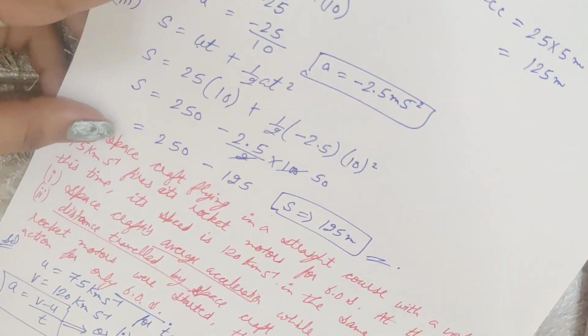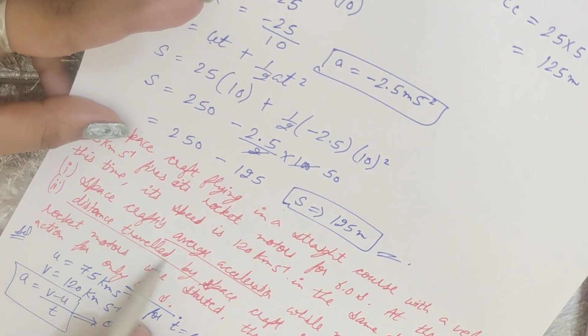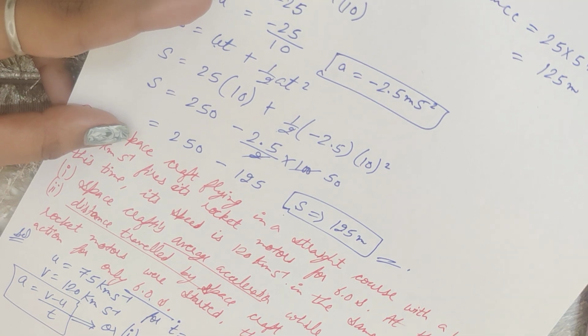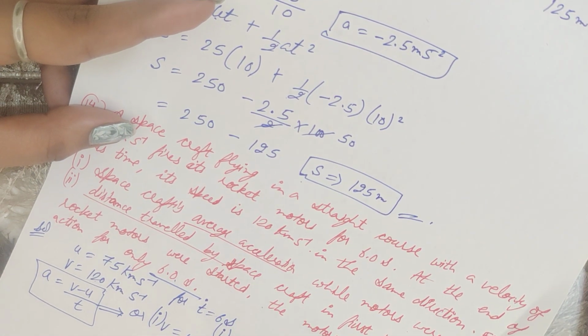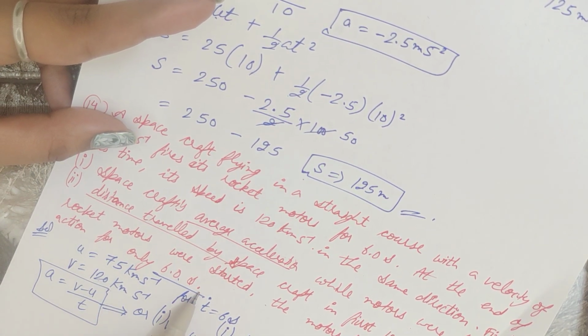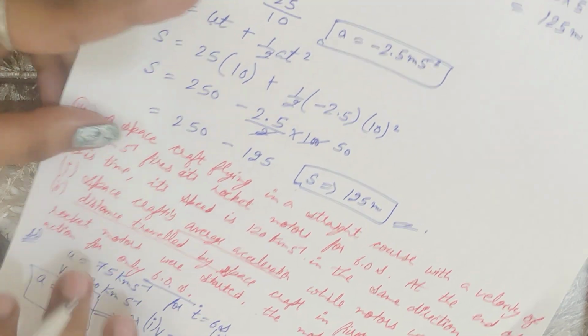What is the biggest question? The question is the distance traveled by the spacecraft in the first 10 seconds after the rocket motors were started, the motors having been in action only for 6 seconds. So for 10 seconds, we need to find the total distance.